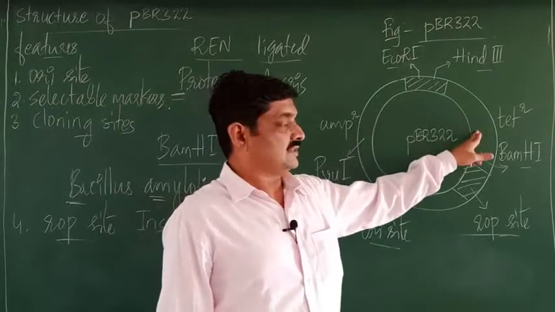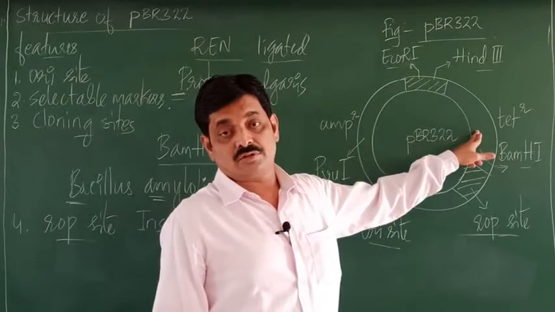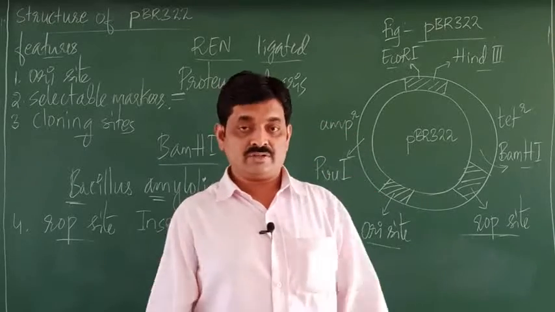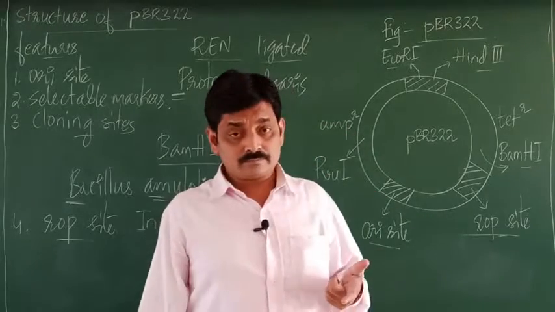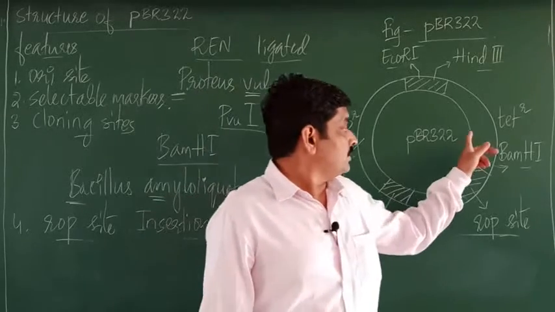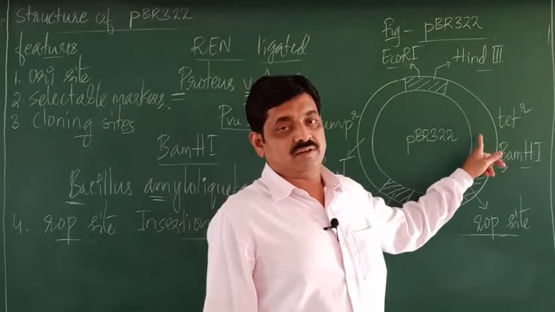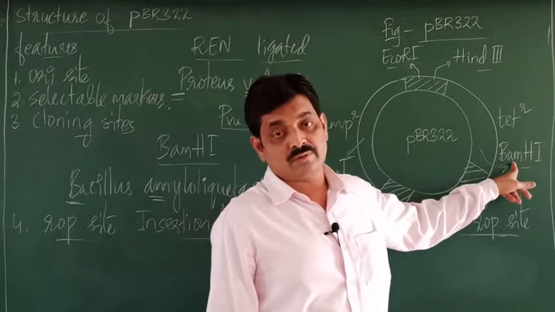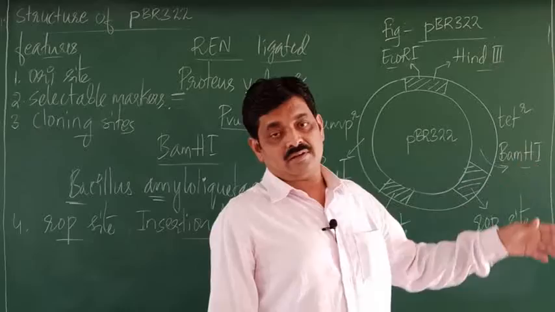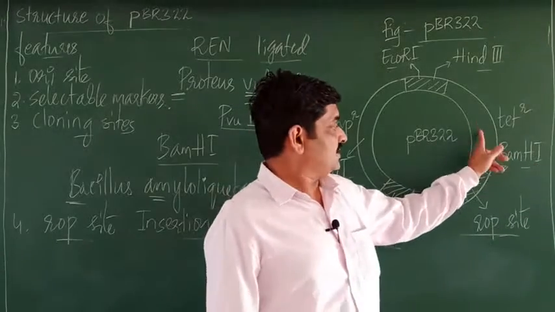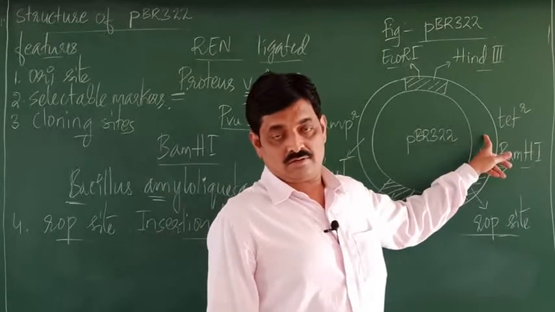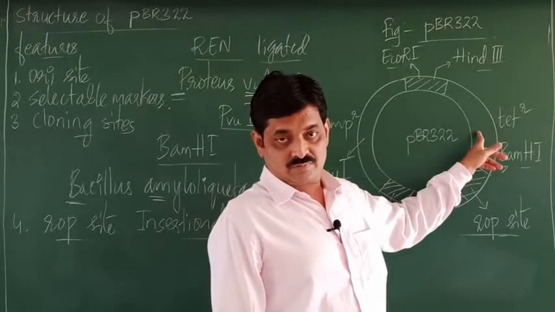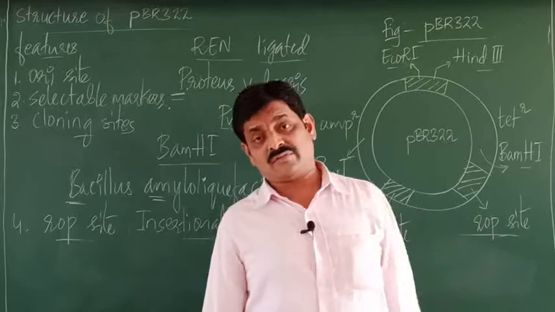So these are the two sites for ligation or insertion of a gene of interest or desired gene. Now, if the plasmid is cut here by using this restriction endonuclease, and a desired gene is ligated or inserted at this site, what is the effect of that foreign gene on this antibiotic resistance gene?